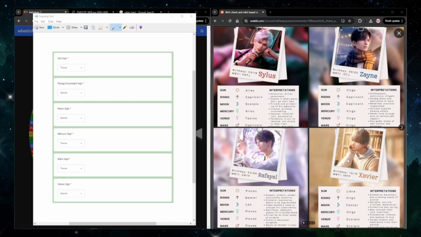And then let's see, Xavier. Let's move on to Xavier. Just because his Mars is in Scorpio, and Scorpio is also a water sign. That might cause a little bit of tension again, because whereas Raphael can be clingy, Xavier might actually be a little bit more jealous.